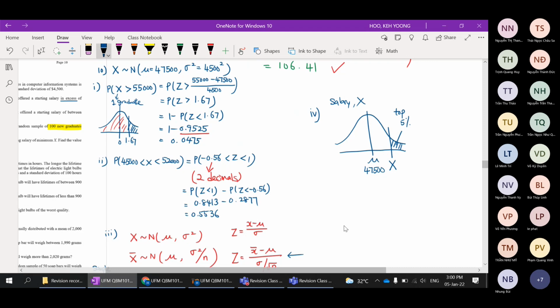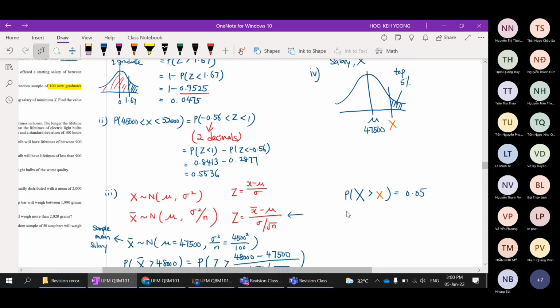Let's write down the first step. Right now we have two X's, so I use a different color, or else you may get confused. We're going to find X such that the probability of more than X is 5%, 0.05.